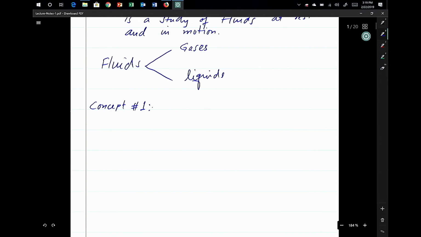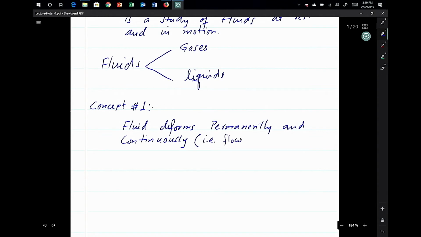So the main difference is that when we talk about fluid, it cannot withstand shear. So when we say, well, fluid deforms permanently and continuously, and that means flows under the action of shear stress.